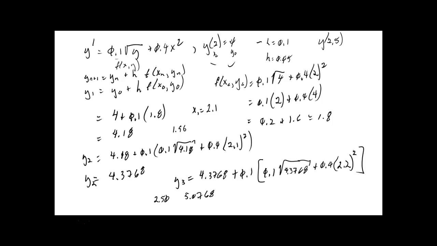You have to do twice as many steps to get from 2 to 2.5 because you're going up half the step size. This one took 5 steps because you went up 0.1 each time. Next, you're going to need at least 10 steps to get up to that.